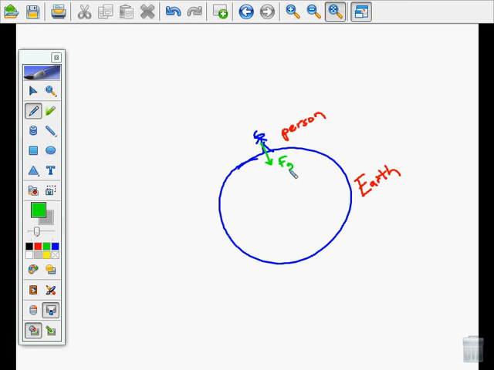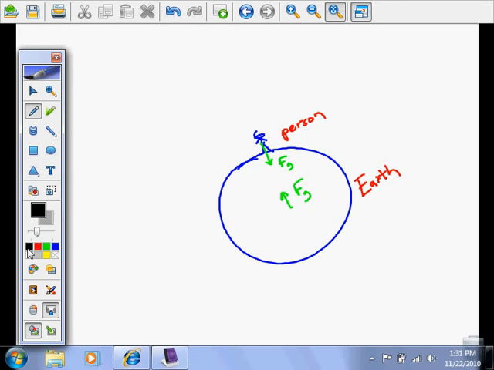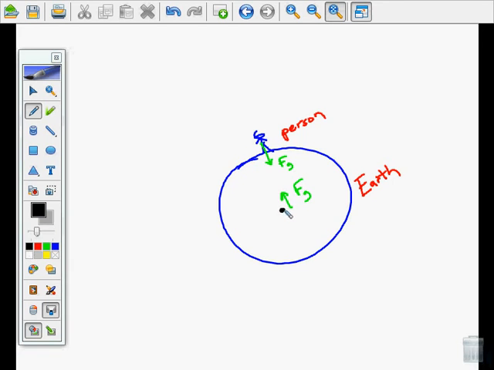The Earth can't pull the person down without the person pulling the whole Earth up with the same exact force. The distance between the center of the Earth and the center of the person, essentially, that's the radius of the Earth, for the most part. This point here is not drawn perfectly. That should be the center of the Earth. So if you're standing on the surface of the Earth, the distance between the center of you and the center of the Earth is essentially 1 Earth radius.